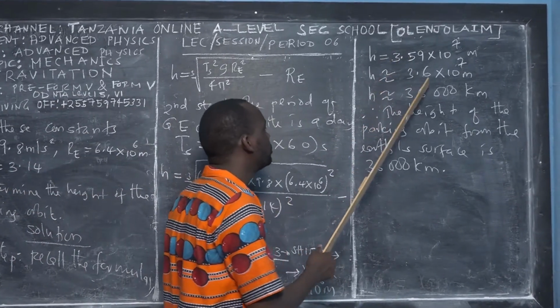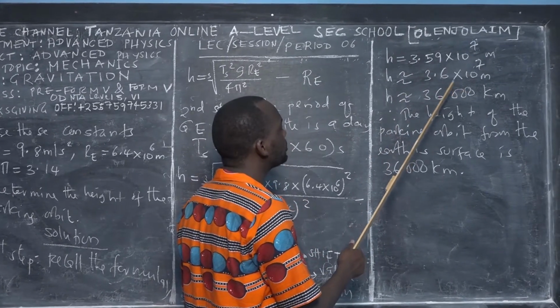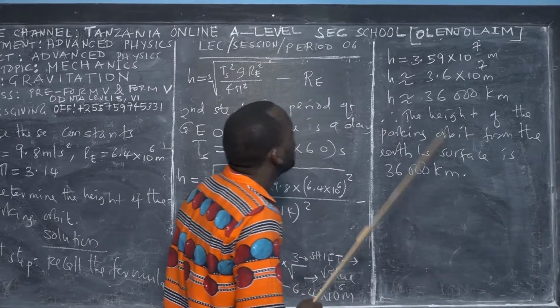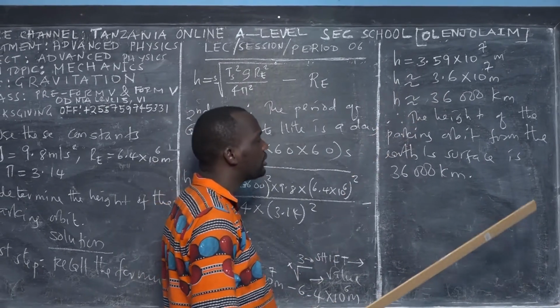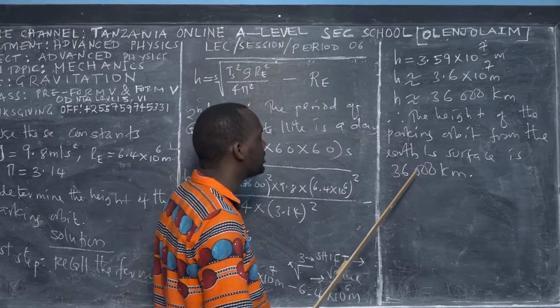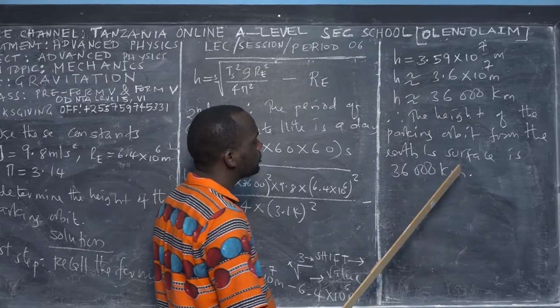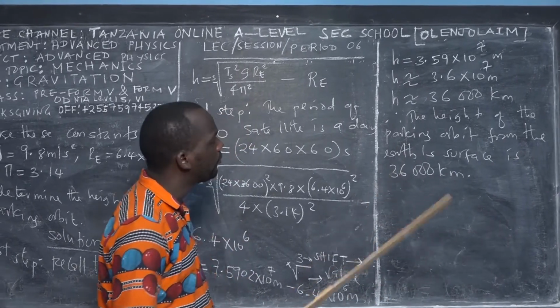If you approximate in one decimal place, it will be 3.6 × 10^7 meters. This is the height of the satellite. The height of the parking orbit from the Earth's surface is 36,000 kilometers. So that's all about the height of the parking orbit.